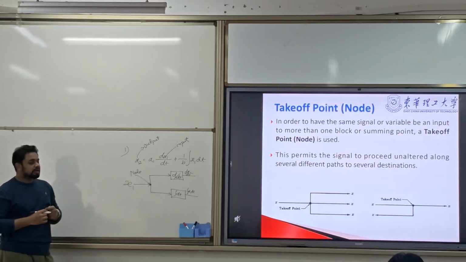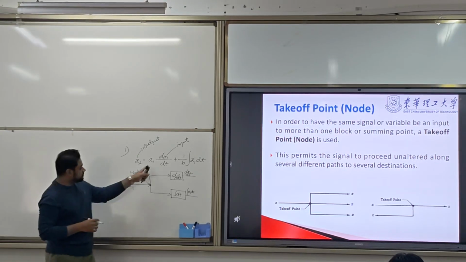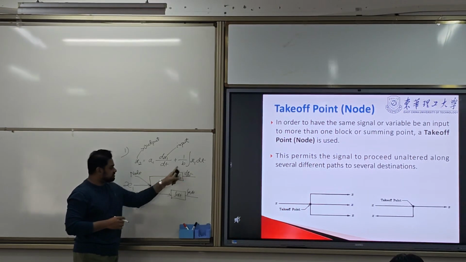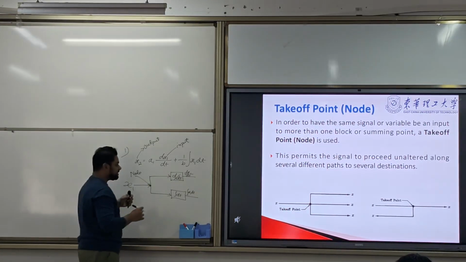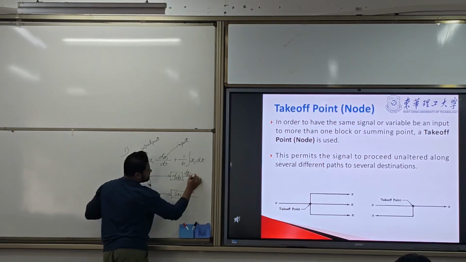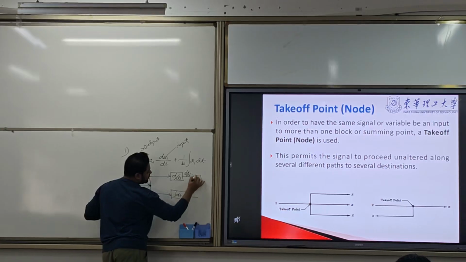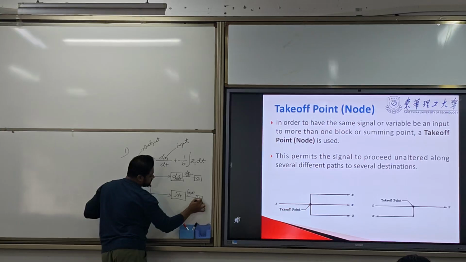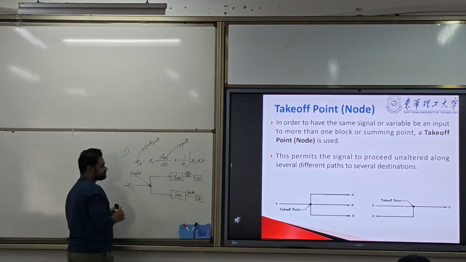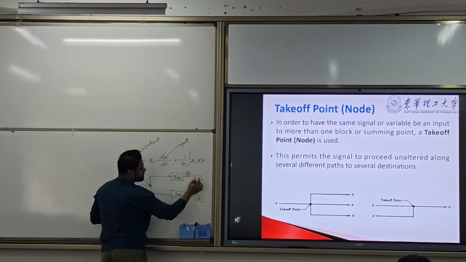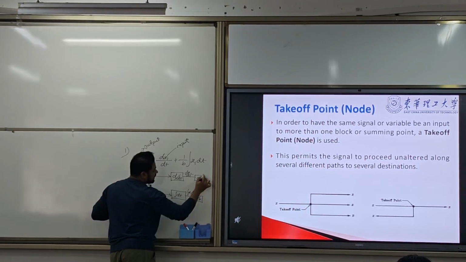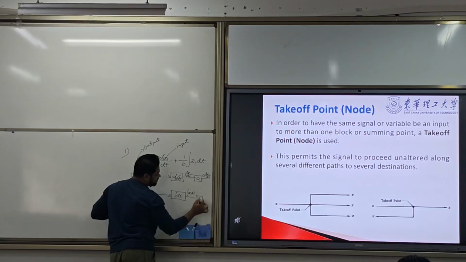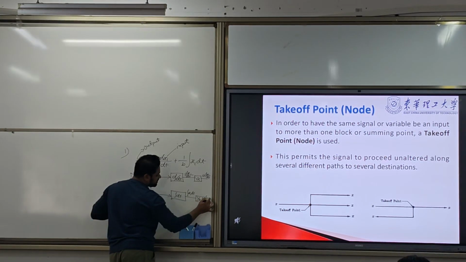Now we have one more thing: constant gains are multiplied. So here we multiply with the gains. This one gives you a1 dx1/dt, and here 1 by b integration of x1 dt.